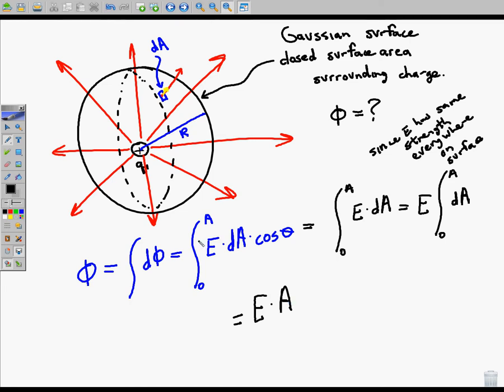If it's over a closed area, you put a circle right here, indicating it's an integral not over just any old area, but over a closed area. But this here just equals E times A, which is the surface area of the sphere. And what's the formula for the surface area of the sphere?